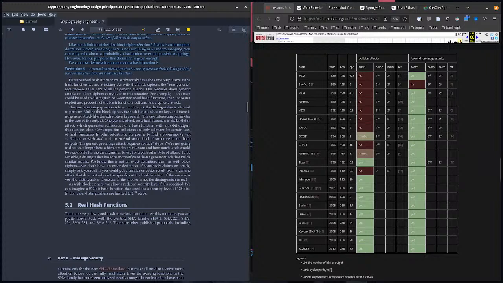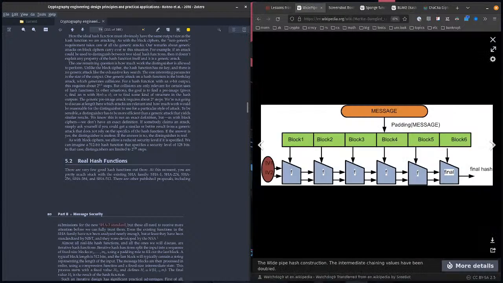The main nuance in this chapter is about the Merkle-Damgard construction, which is how hash functions were constructed for SHA-2. The basic premise is that you take your arbitrarily long message, break it down into blocks, and you go block 1, block 2, block 3, etc., and you repeatedly apply some function that crunches the next block into the output of the previous block's function evaluation, and you come out with this final hash.